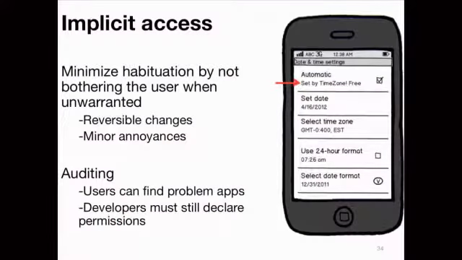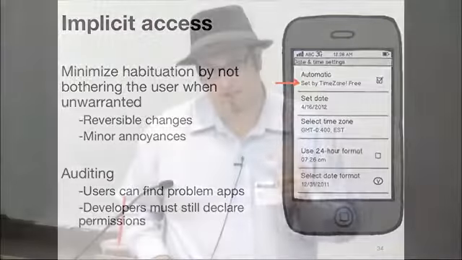And then this idea of implicit access came up. In certain cases, if our goal is to minimize habituation by not bothering the user with unwanted interactions, when the risks are really minor or can be completely reversed, maybe we shouldn't ask a priori. Instead, we should grant the permissions, but allow the user to audit what happened so that when the misbehavior occurs, they can go back and undo it.